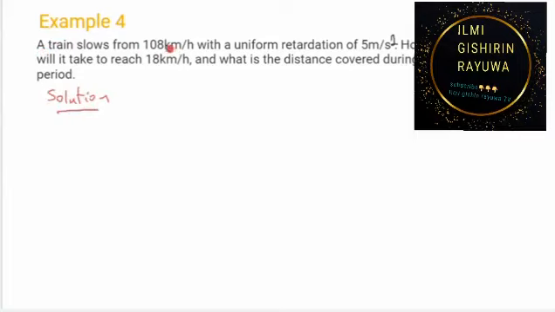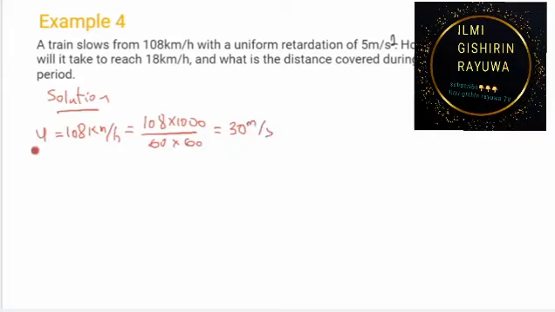Alright, so solution. Slows from this velocity, so that's my initial velocity, 108 km per hour. We need to convert it to meters per second. To convert it to meters per second, multiply by 1000, divide by 60 times 60. This will give us 30 meters per second.